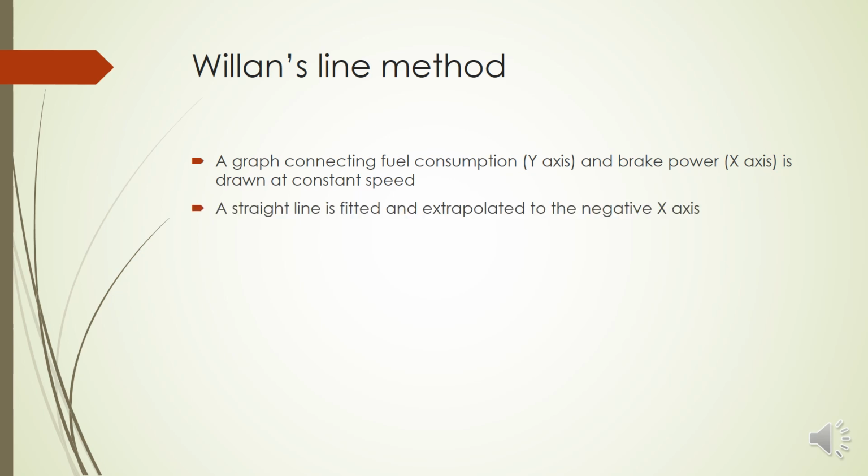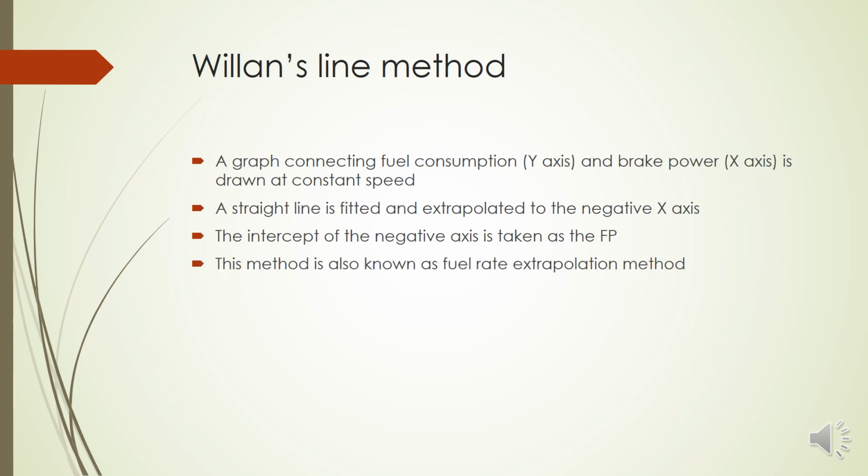We have to fit a straight line through the data, whether you have 6 points or 6 readings, and extrapolate it to meet the negative x-axis. This negative intercept on the x-axis will be the frictional power. This method is also known as the fuel rate extrapolation method.